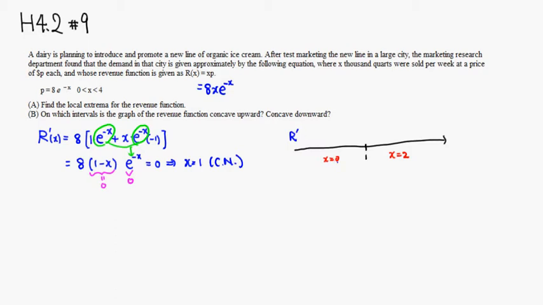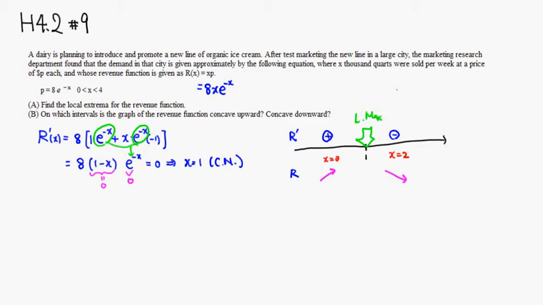If you plug in 0, everything is positive, so it's positive here. If you plug in 2, 1 minus 2 is negative, so it's negative there. So the original function r is increasing, then turns into decreasing. So this is going to be a local max.